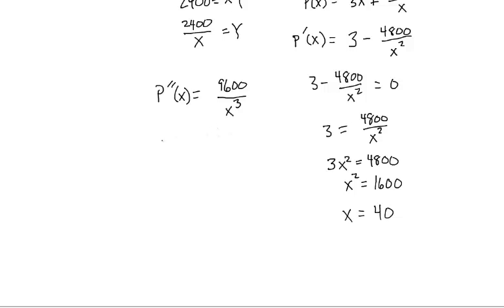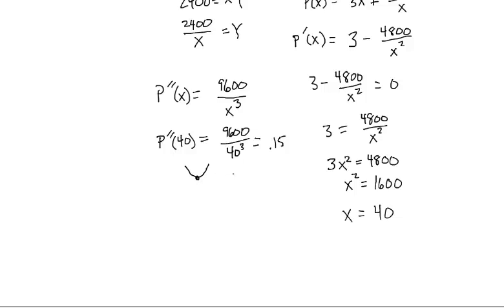And now when we plug in 40, so p double prime of 40, we end up getting 9,600 over 40 cubed. And that is equal to 0.15. So we know that we're concave up at 40. So if we're concave up, then that makes this a minimum. So now we've proved that this is a minimum.